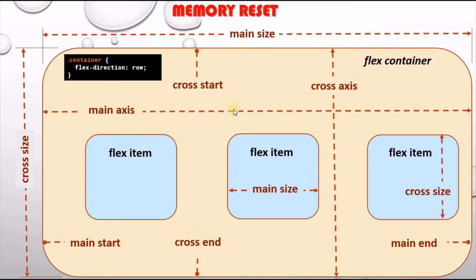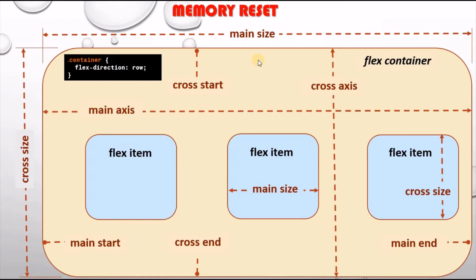Right? And instead of speaking of left to right, we'll be speaking of main start and main end. That's our direction. So we are moving from main start to main end. Okay? Our cross axis is perpendicular to the main axis. So this main axis was set by the flex direction, and our cross axis now is perpendicular to that.